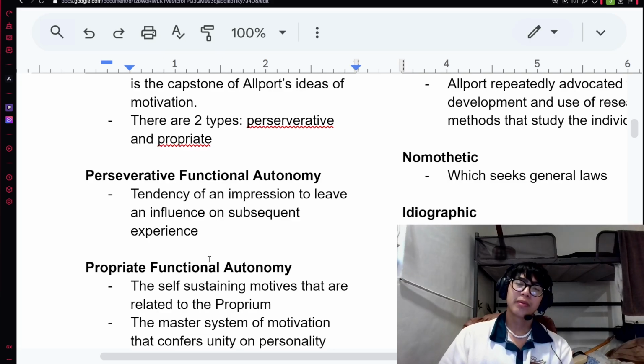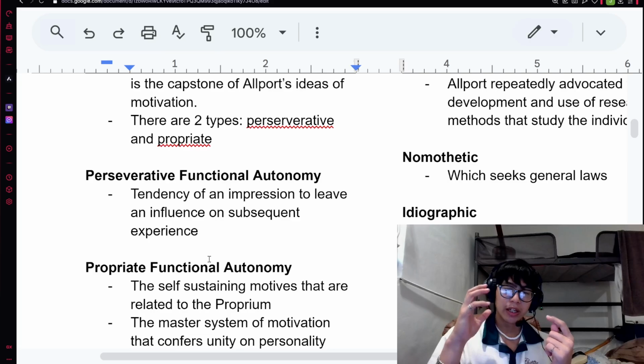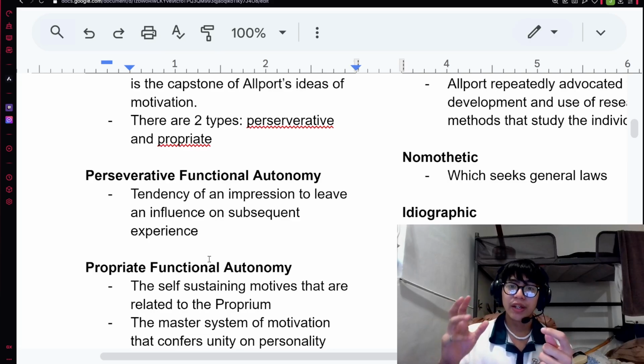And so now his motivation has changed, because we're talking about functional autonomy, right? Now his motivation changed to this idea: if he washes dishes, he will get a kiss. So it's the tendency of an impression, and the impression is basically the kiss, to leave an influence.